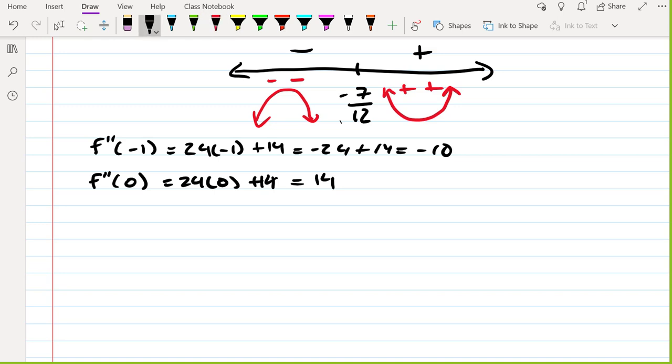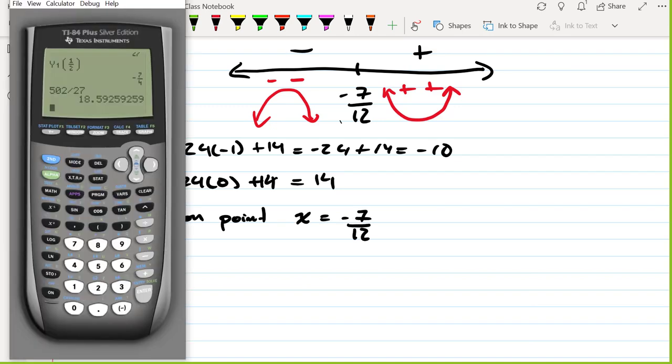So to find our inflection point, we're going to do the same thing we did when we were finding the maxes and the mins. We take our x value of negative 7 over 12 and put it back into the original function.